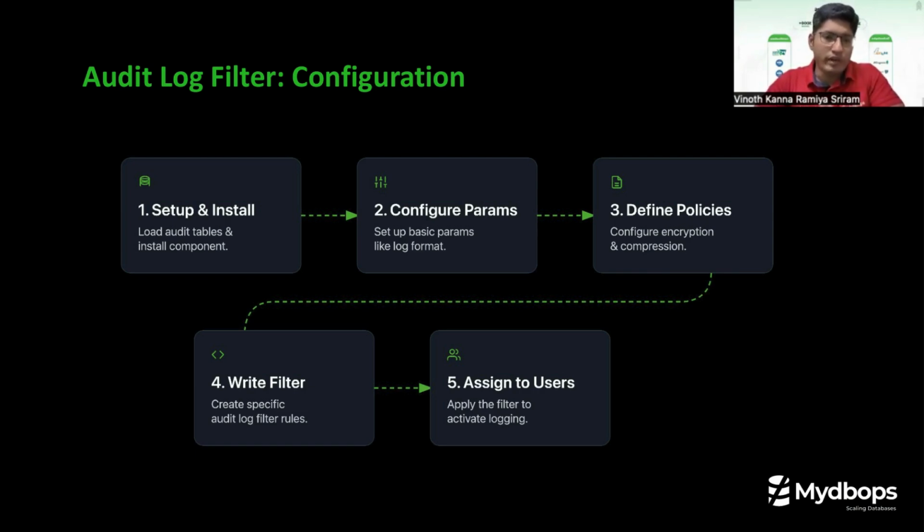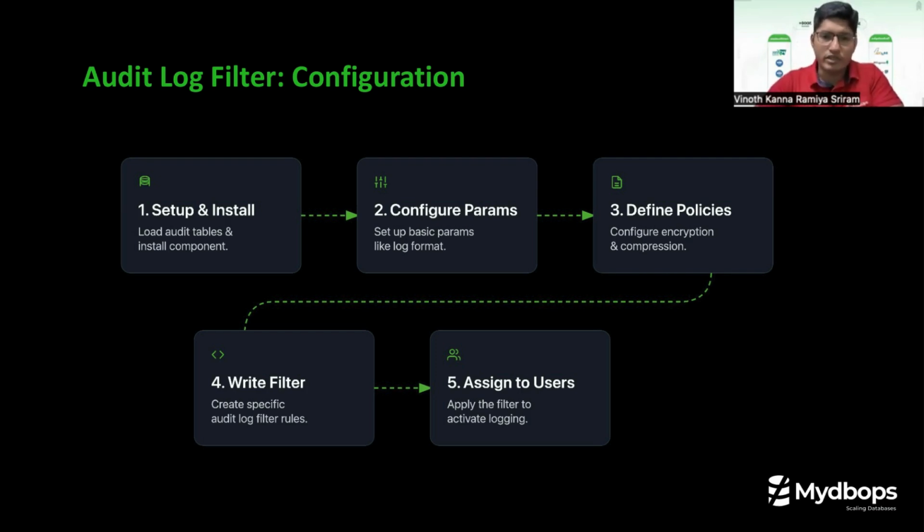This is the step-by-step approach that we have to follow to enable audit logging. Step one is loading the audit tables. There is a file given in the share folder. We have to load that, which will create the structures required for audit logging, including the audit log filter and audit log user tables. Followed by that, we configure basic parameters like what format you want to store. We will discuss that in later slides.